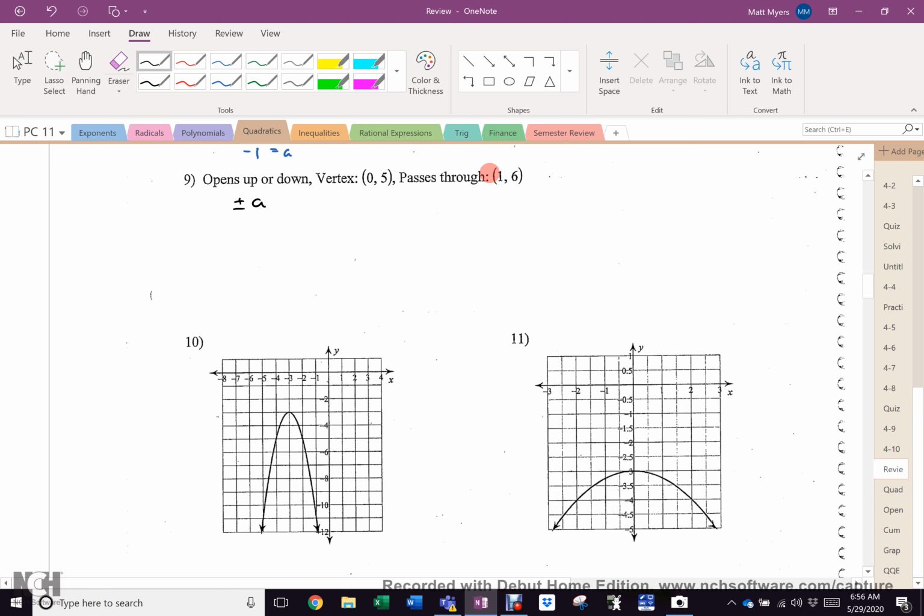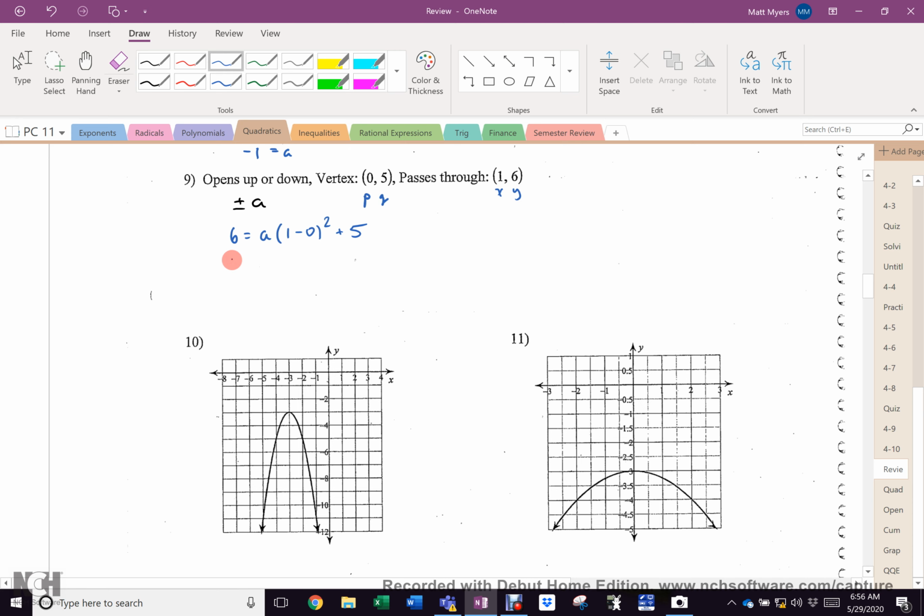And then it's really the exact same question. Y equals, I'm even going to skip the first step, because I know that's an x, that's a y, that's a vertex x, that's a vertex y. So the way I've been writing it, that's a p, that's a q. So 6 equals a(1 minus 0) squared plus 5.